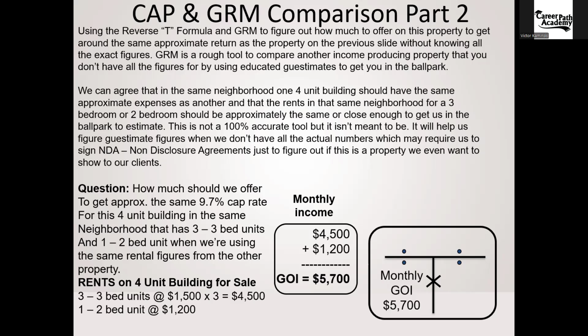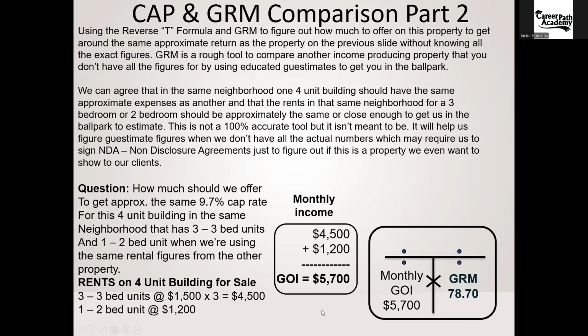So we plug that into our T formula. We plug in our cap rate to see how much we should offer to get us in that same ballpark of a 9.7% rate of return on our investment, regardless of what their asking price is. This is how we come up with our offer price.